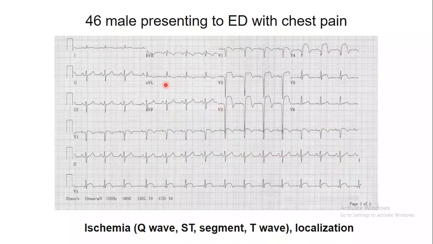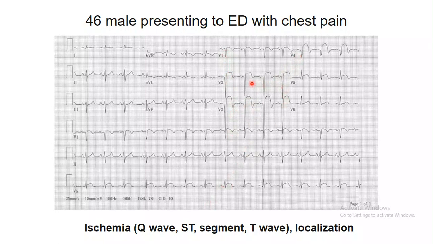Here we have a 46-year-old male patient presenting to the emergency department with chest pain. So following the rapid ischemia approach, we will check for a Q wave. Then we have here and here and here, and also in V4, a deep Q wave, which is a pathological Q wave in V1, V2, V3 and V4.